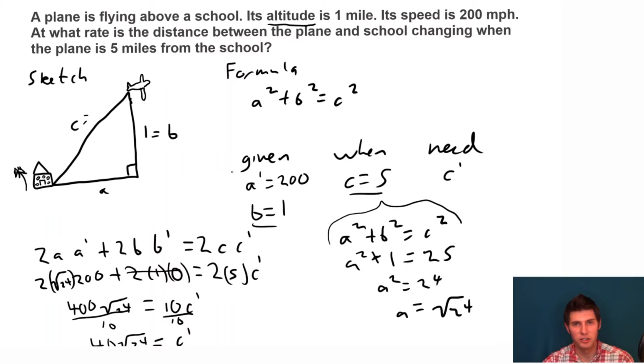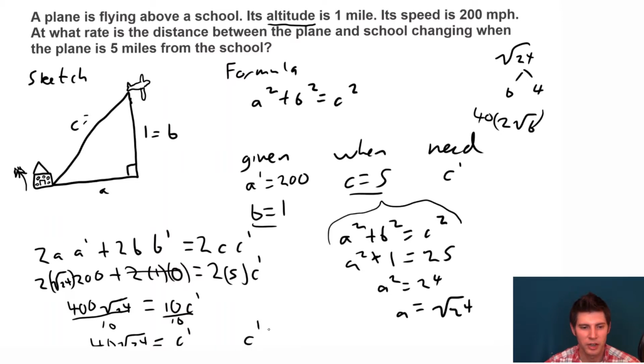If you had a calculator, you just plug it into your calculator, get the decimal approximation. But if we're going to do exact, we'll need to do a factor tree for 24. I'll just do it right over here real quick. 6 times 4. So the 4 would give us a 2 root 6. So then combine that with the 40, and we have c prime equals 80 root 6.